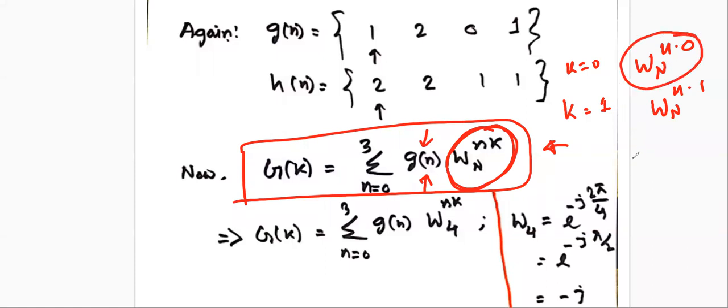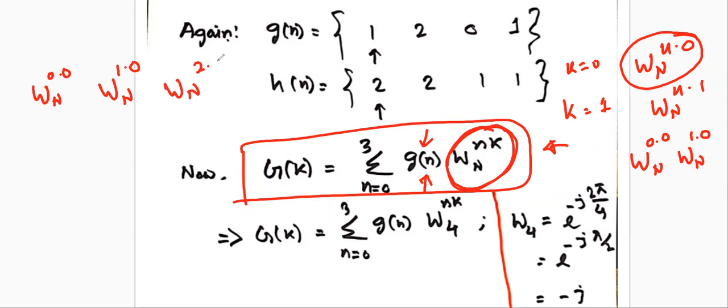For n equals 0, we can write 0 into 0, 1 into 0, and so on. So we can write W_N 0 into 0, W_N 1 into 0, W_N 2 into 0, and W_N 3 into 0. The first one is for n, and the second one is for k.